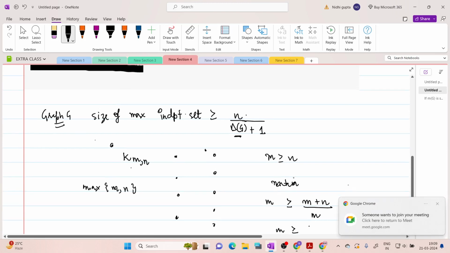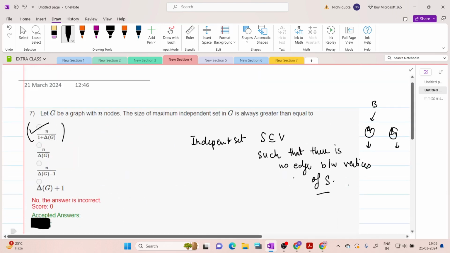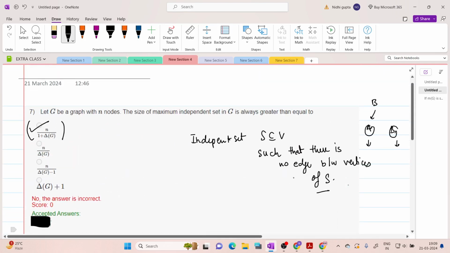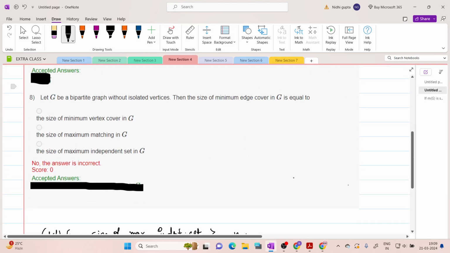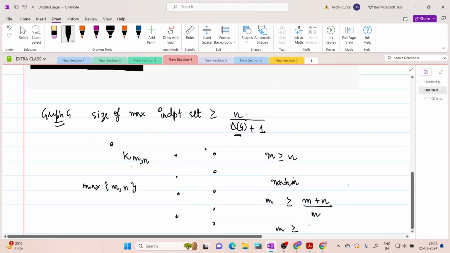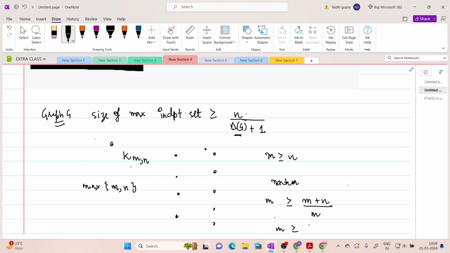Wait, this is the size of the maximum independent set. Can we take K22 and then we will prove this?